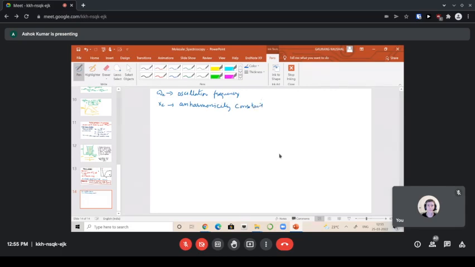Its value is of the order of plus 0.01. This is a very, very small value.